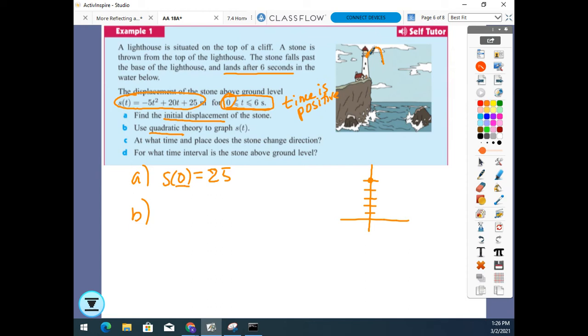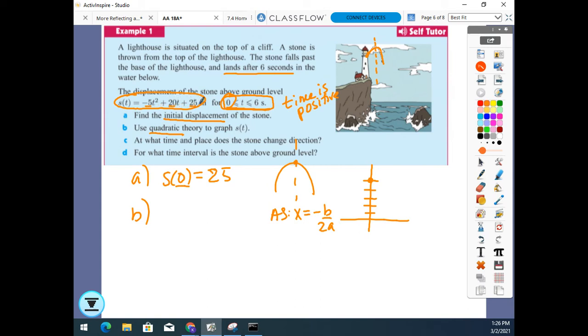We need to find the vertex. One of the things I'll draw your attention to is that the axis of symmetry in a parabola goes right through the vertex. If you look in your formula booklet, the axis of symmetry says x equals negative b over 2a.